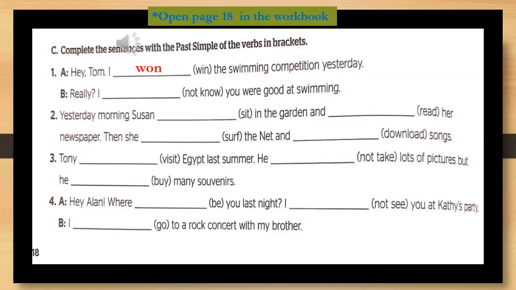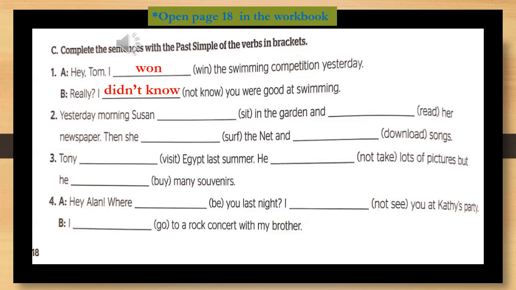Really? I didn't know you were good at swimming. Really? I didn't know, because I want you to put the verb in the negative form. Number 2. Yesterday morning, Susan sat in the garden and read her newspaper. Then she surfed the net and downloaded songs.